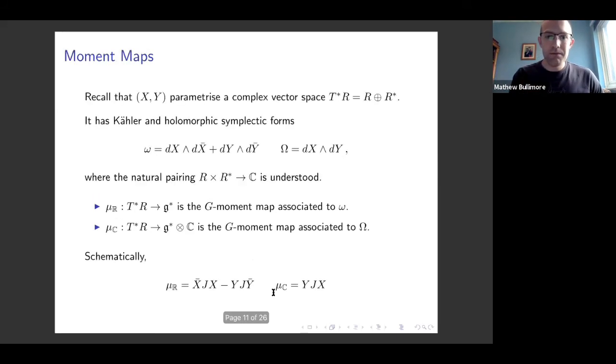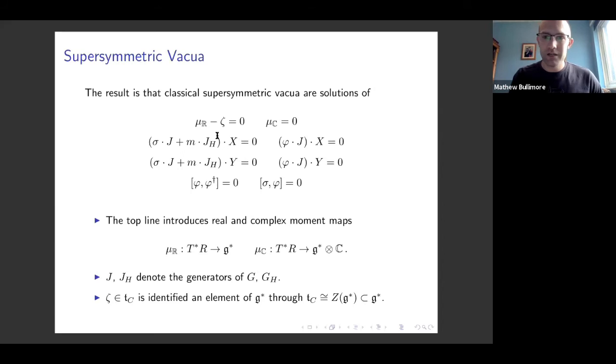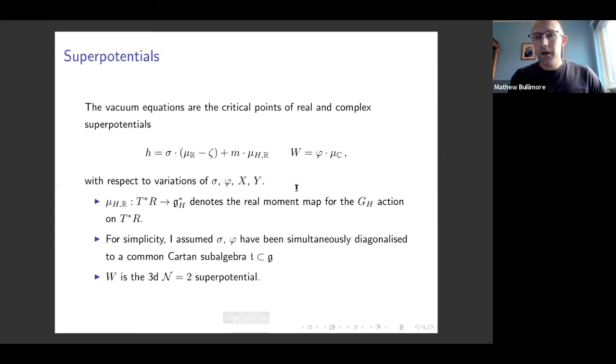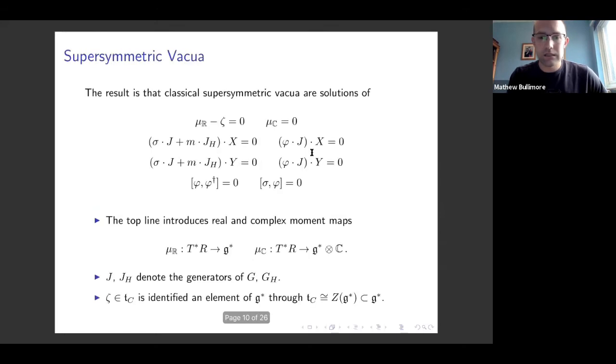And just like before, where I had the two columns, the real equations on the left and the complex equations on the right, we're going to need two functions that I'll call superpotentials. So there's a real superpotential H and a complex superpotential W. It's very easy to just look at the critical points of these functions. They're functions of all four fields, sigma, phi, x, and y. And if you look at the critical points, you'll reproduce exactly these vacuum equations.